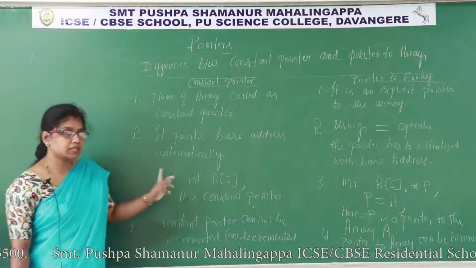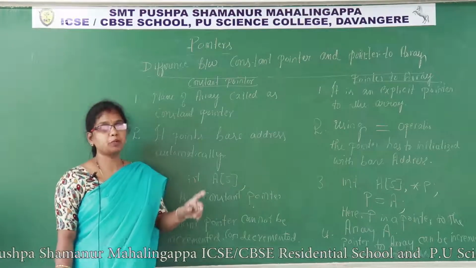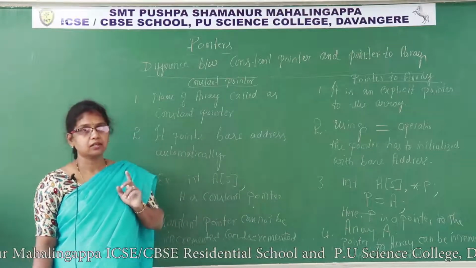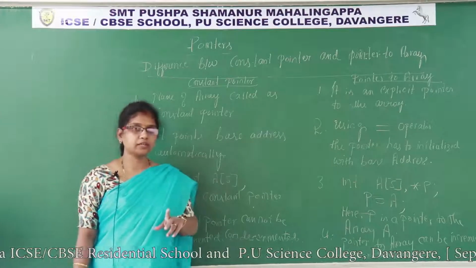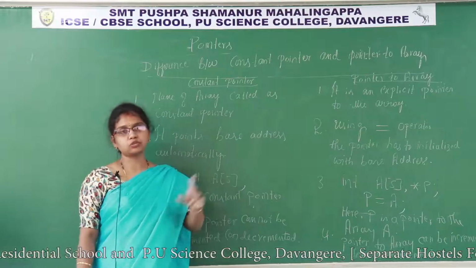In the previous example, while discussing the relationship between pointers and arrays, we considered the array name as a constant pointer. By considering it like that, we read input values to the array.